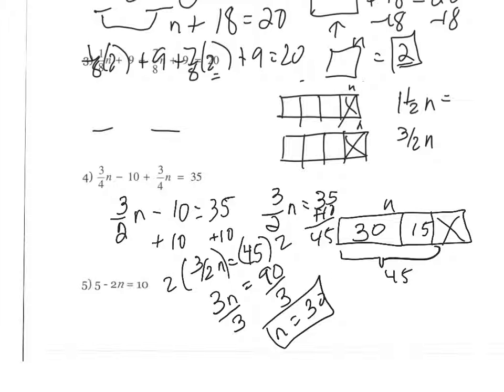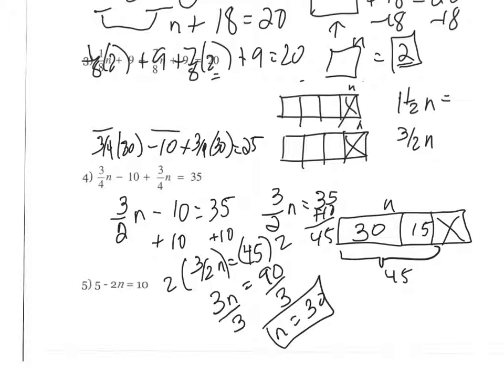Okay, so we want to prove that. So we say 3/4 of 30 minus 10 plus 3/4 of 30 equals 35.